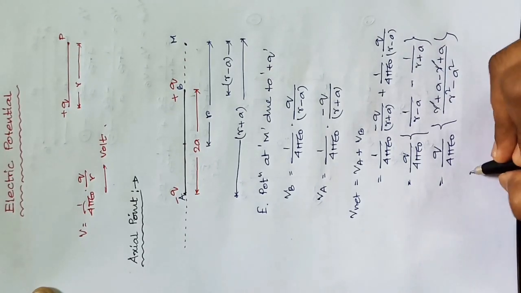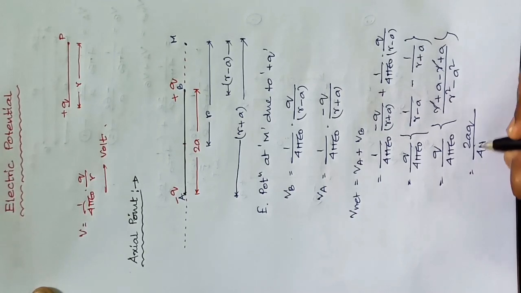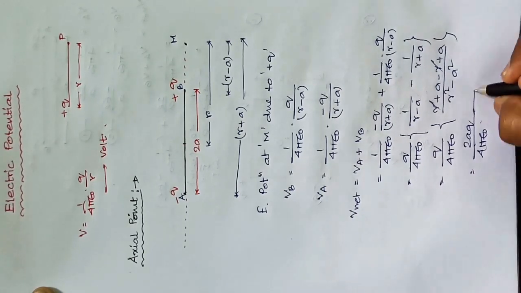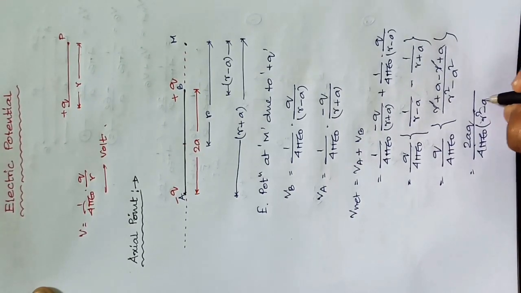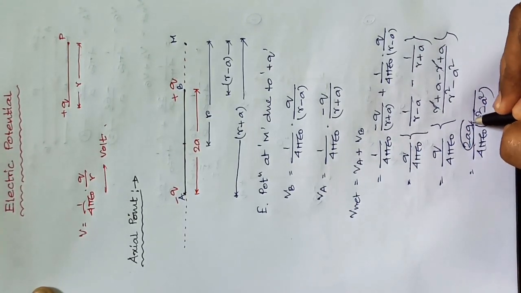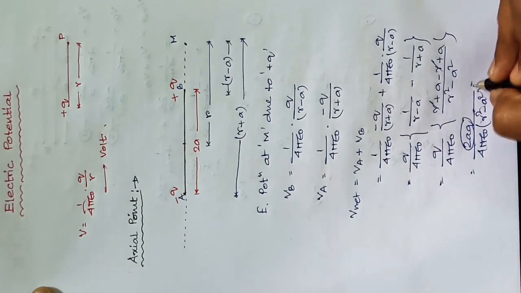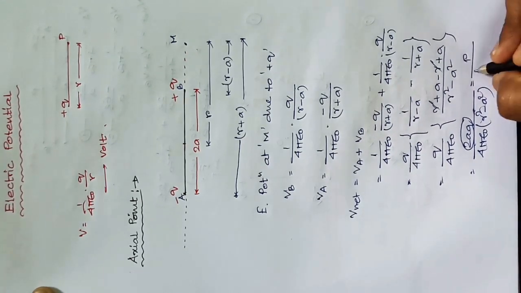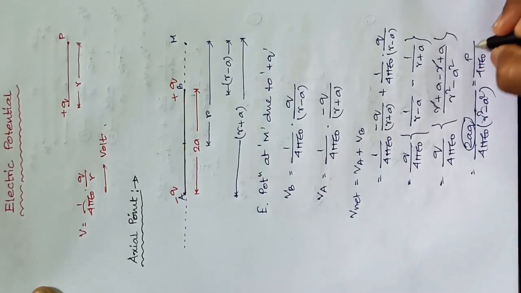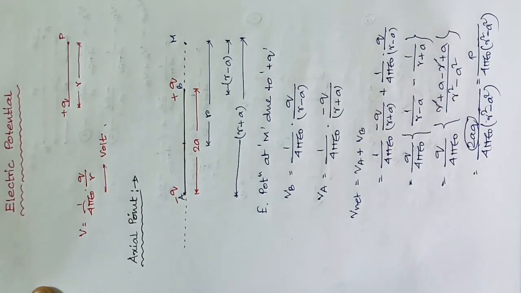So we will have 2aQ by 4 pi epsilon 0 into r square minus a square. You have remembered, 2aQ is nothing but the dipole moment. So we will have P by 4 pi epsilon 0 r square minus a square. So this is the electric potential at an axial point due to the electric dipole.